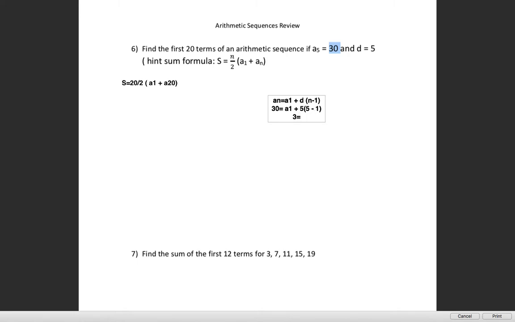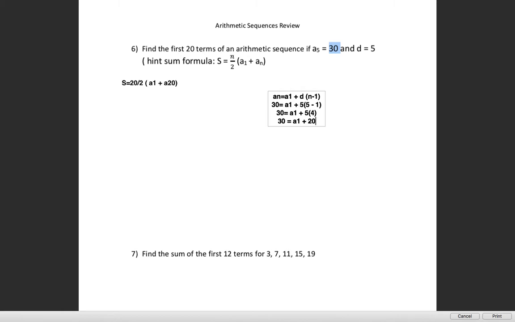So 30 equals a1 plus, and let's do our brackets. 5 minus 1 is 4. We can't subtract this over yet because we have to multiply the 5 and the 4 out first. So 30 equals a1 plus 5 times 4, which is 20.